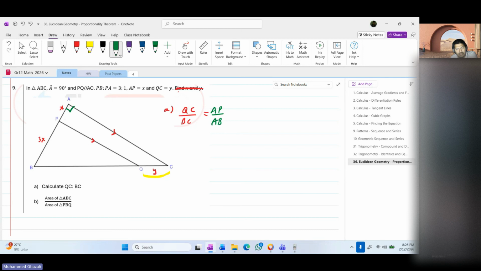QC to BC is equal to, let's see if the order is right, AP to AB. Yeah. This is the proportionality theorem because PQ is parallel to AC.